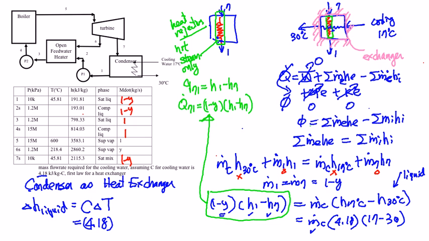By the cooling water. The question we're asking is, why did the cooling water's temperature go up by 13 degrees? And the answer is because it has absorbed the heat from the steam being rejected to it. So you ask, where did the heat go? It went there.